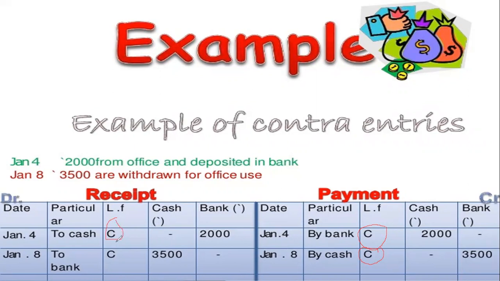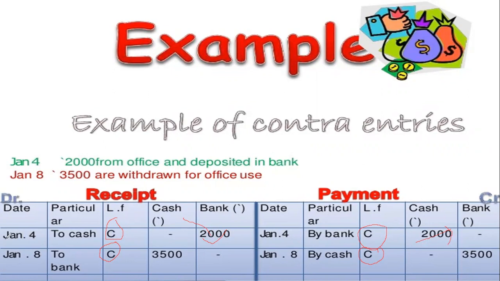Now we'll see the example of contra entry. Here you can see on January 8, 2000 was deposited in a bank. So in bank it comes in, so it is debited on the bank side, but as it goes out from cash in hand, it will be credited in the cash column.